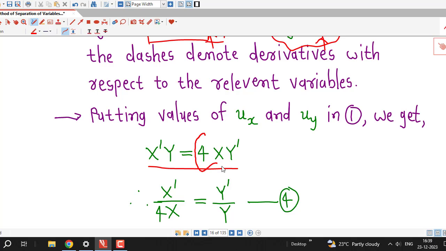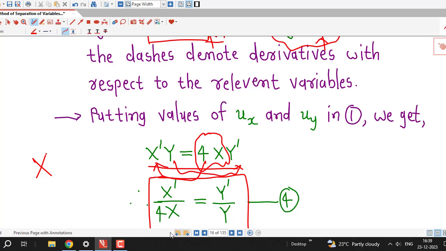Then we try to separate the functions in such a way that on one side we have terms containing capital X, and on the other side terms containing capital Y. So this is transferred to the left hand side and this Y to the right hand side, and we obtain this equality.